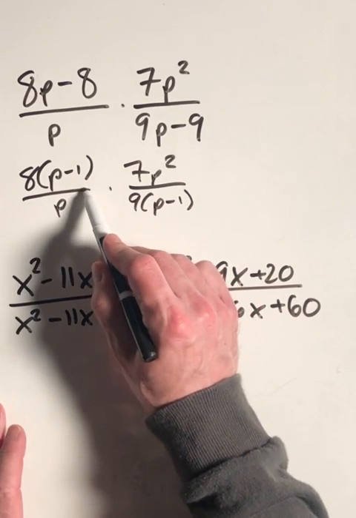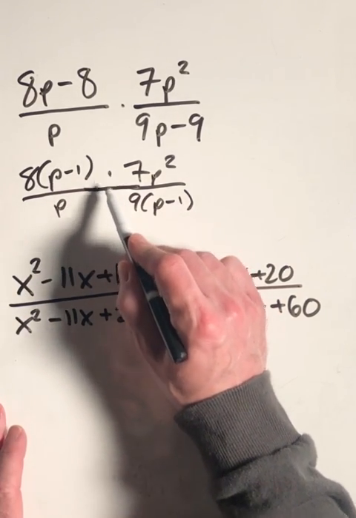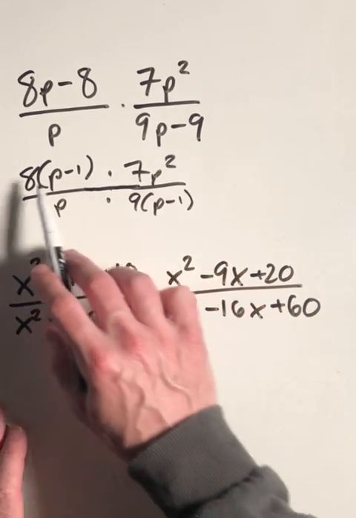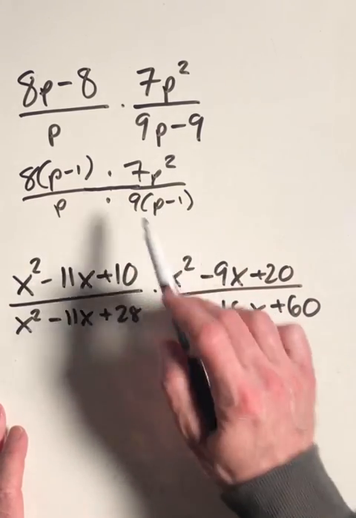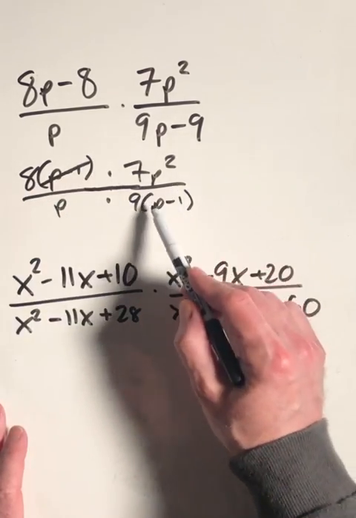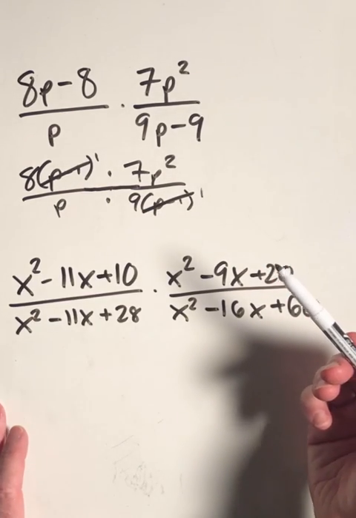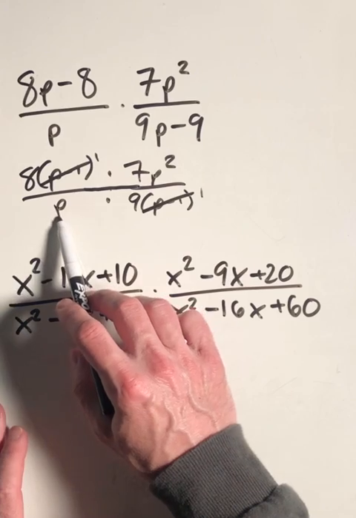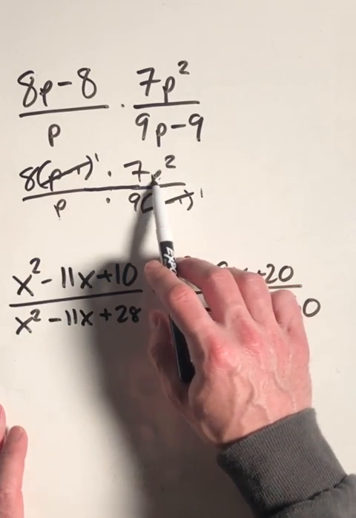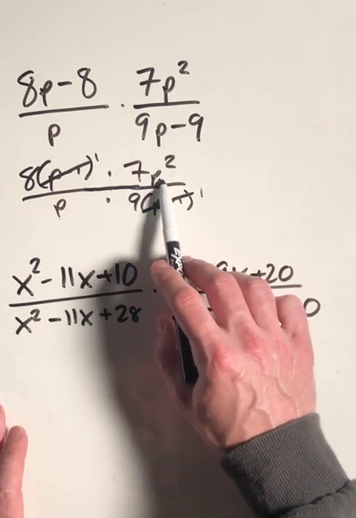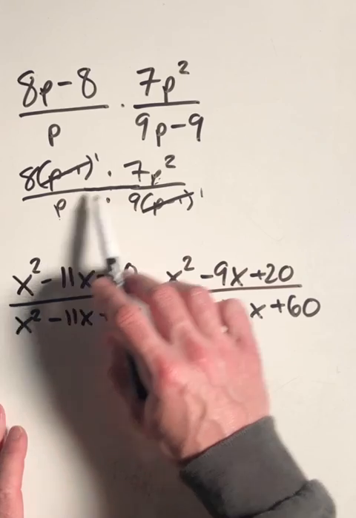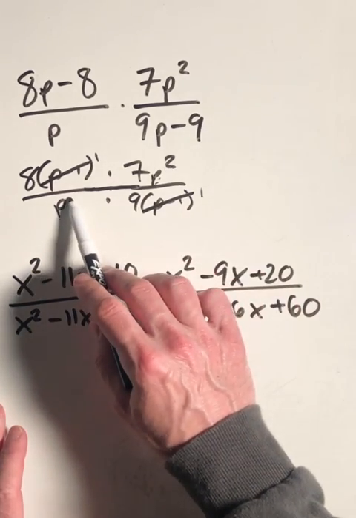And again, we can always extend our line here and realize that when we are multiplying two fractions, it's really like multiplying everything here times everything here. So I'm going to take a p minus 1 divided by p minus 1, and that's going to give me 1. And now I have a p squared divided by a p. So this is two factors of p, and this is one factor of p. So 2 minus 1.